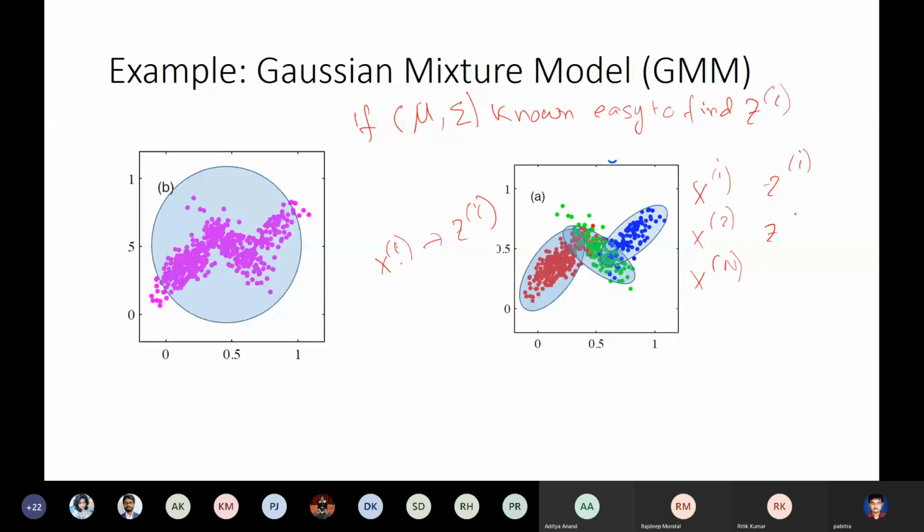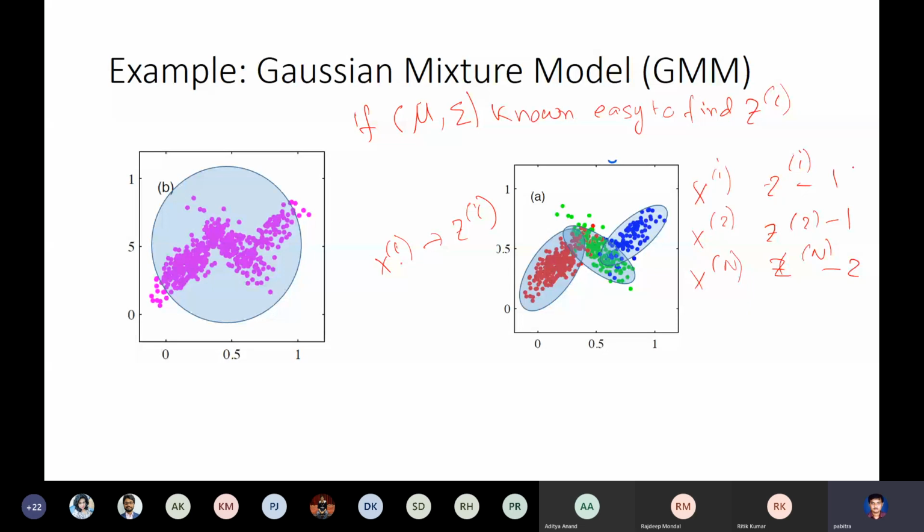For ease of visualization, this Z is a vector, but I can assume Z to be which Gaussian it belongs to. Say X1 belongs to first Gaussian, X2 belongs to first Gaussian, X3 belongs to second Gaussian, and so on. So how will I estimate mu sigma if Z is known for all X1 to Xn?